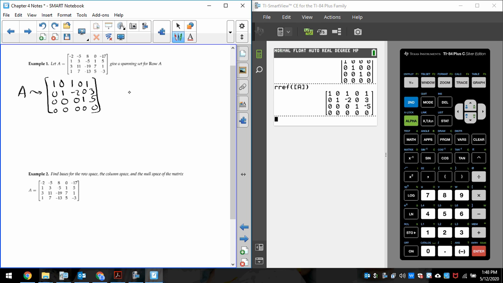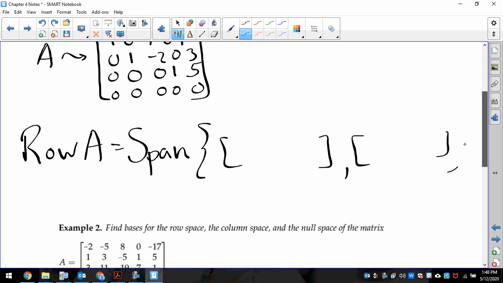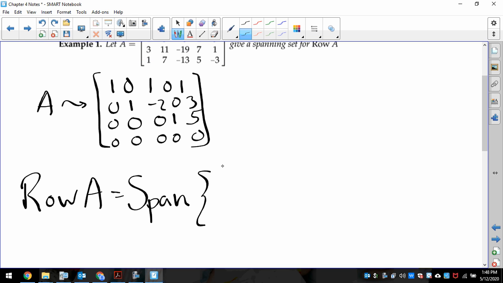Okay, so now what this means is the span, so row A equals the span. Now we could write out a bunch of row vectors like this, which is kind of a pain because it starts to run off the edge of the page. So usually we don't like to write it out horizontally, because it takes up too much space. So what we like to do is write the rows as columns, and then just use transpose.